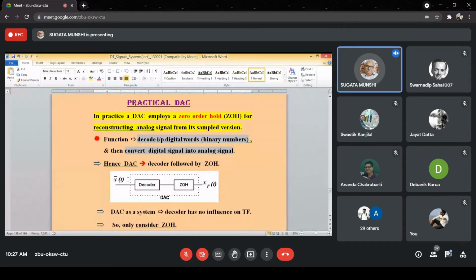Now the decoder, what does it do? It simply represents the input sample in a different format. So that has no influence on the transfer function or frequency response of the digital to analog converter or the discrete time to continuous time converter.